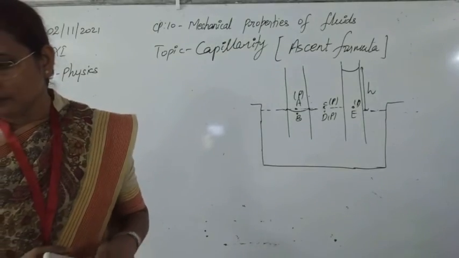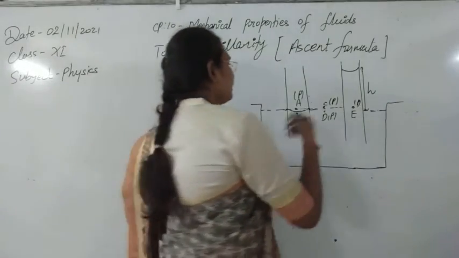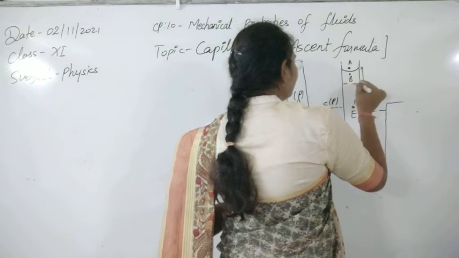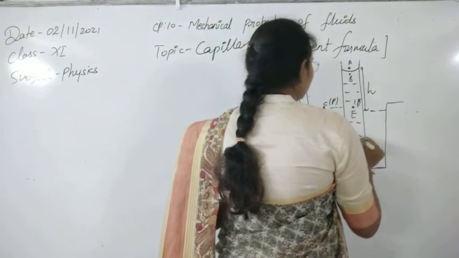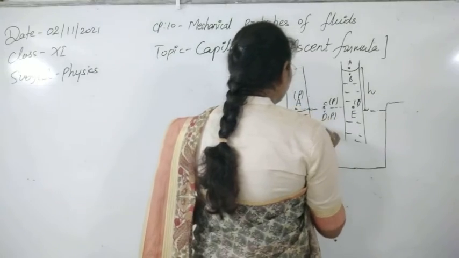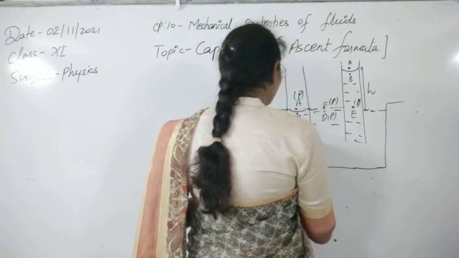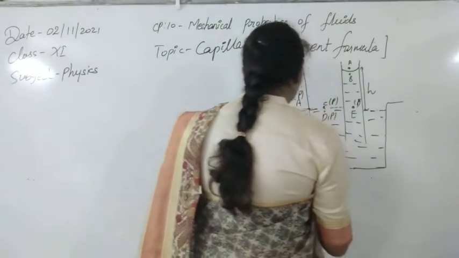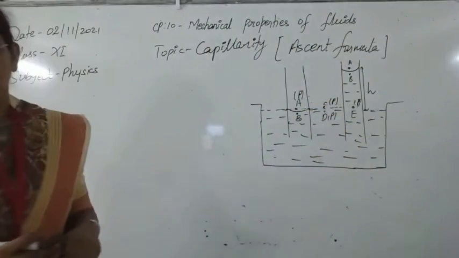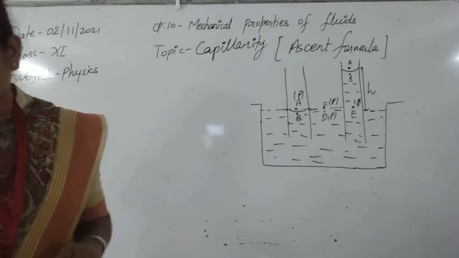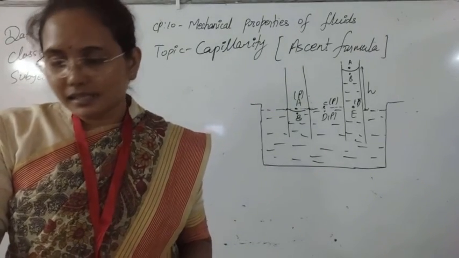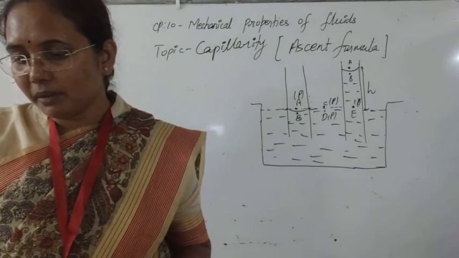After this, whenever the water level rises, then point A will come here, point B will be here. Now let me construct this figure in a clearer way. So this is the liquid or water that we have taken. Now first, suppose capital R is the radius of curvature of the liquid meniscus.